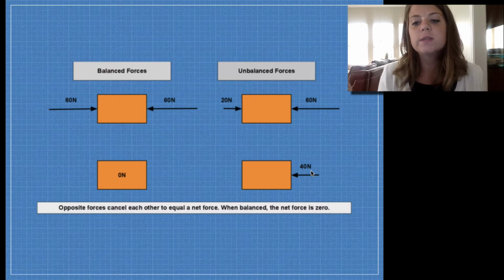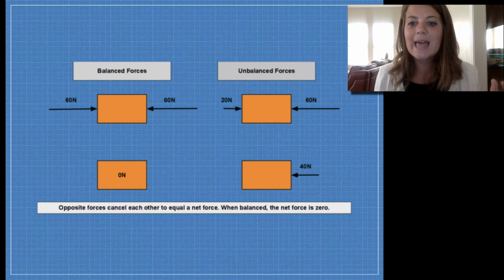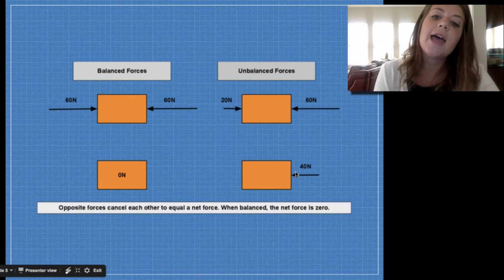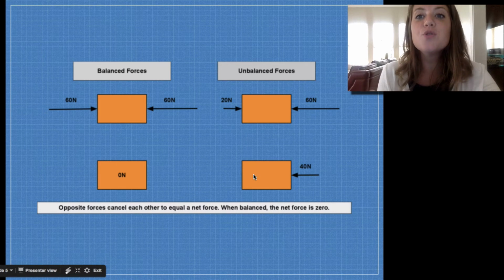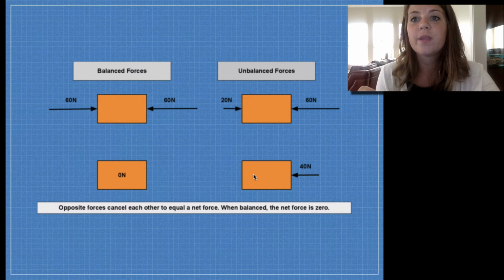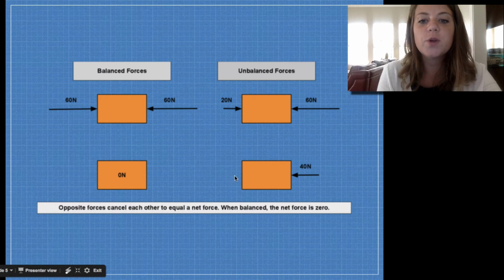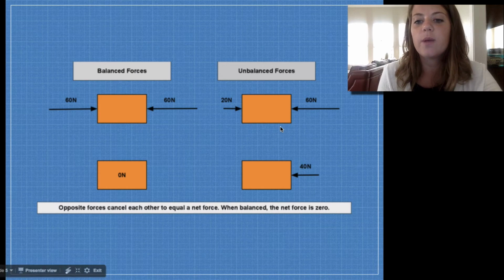And 40 newtons to the left. Why is that left part important? Well, it tells us that this object is going to move where? To the left. Absolutely. This person's stronger. They're going to be able to push through this force and keep going.